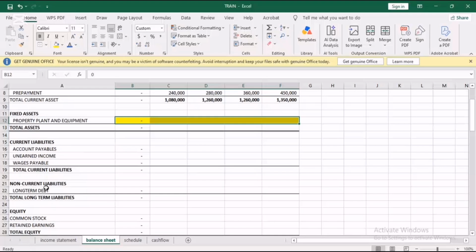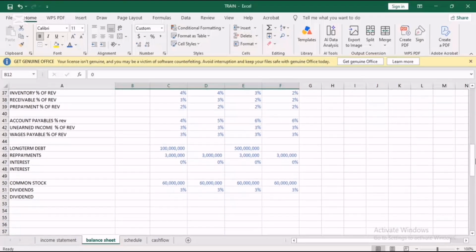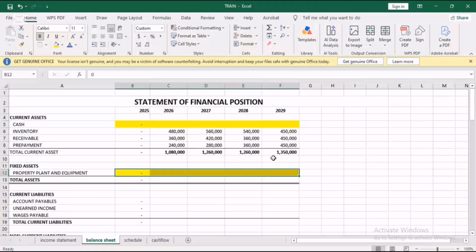We have our current liability. So the items payable on earned income and wages. So right down here are the assumptions. You can see them, 4% of gross sales, the second year 5% of gross sales. So now let's hit equal to and get straight into it.